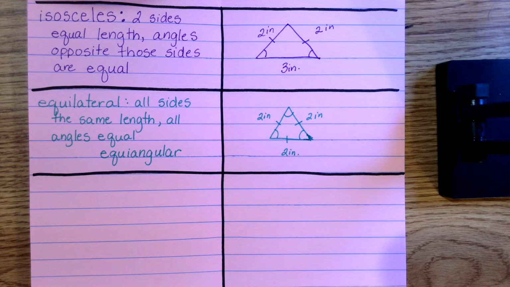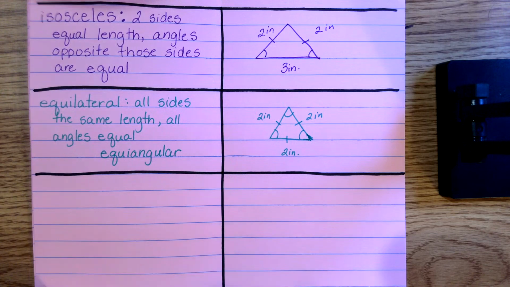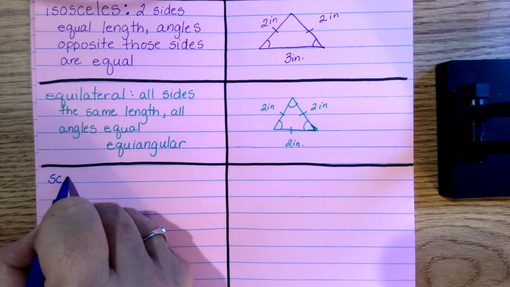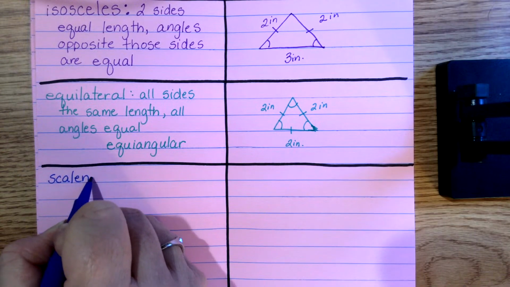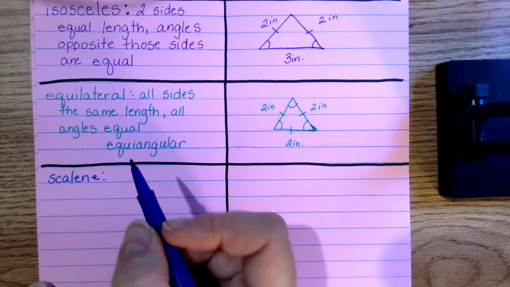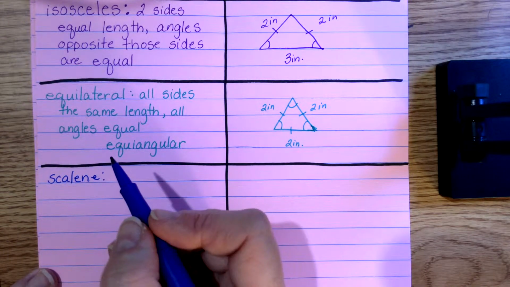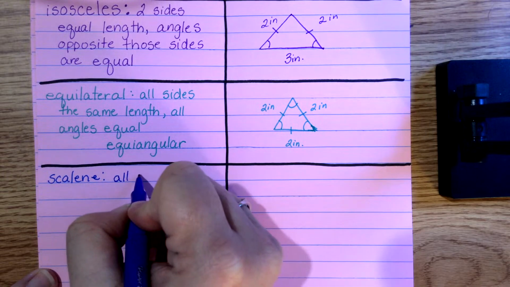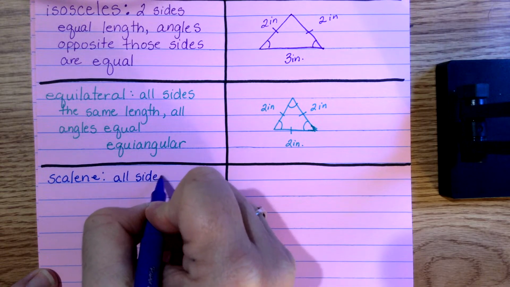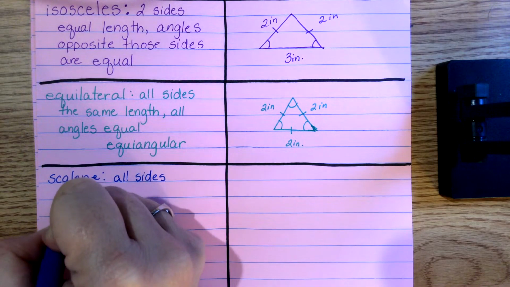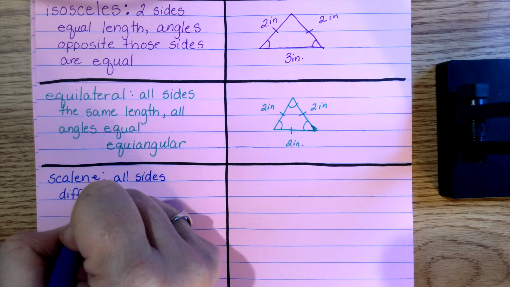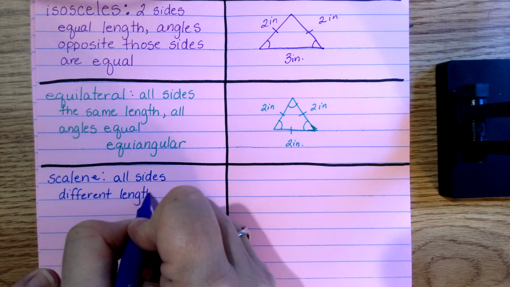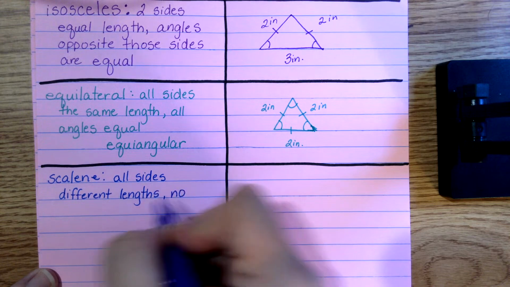Next is a scalene triangle. A scalene triangle is a triangle with all sides different lengths and no equal angles. So all sides are different lengths. And no equal angles.